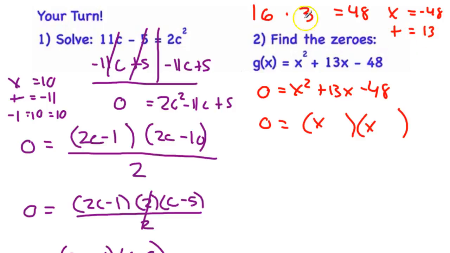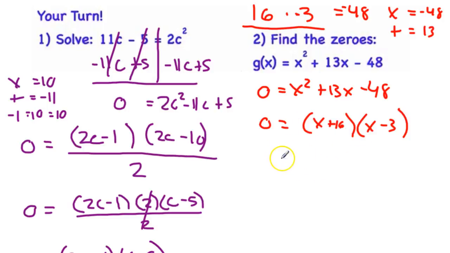Well, it's a positive number, so the bigger number should be positive. So 16 times a negative 3 will equal a negative 48, and if I add them, it equals 13. So these two numbers I put in the factors. So plus 16 minus 3.